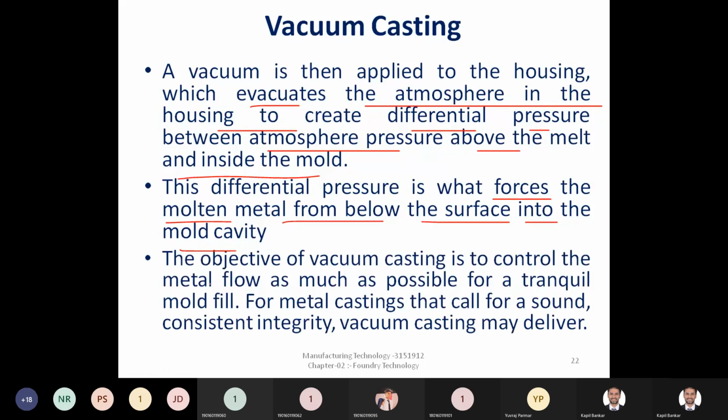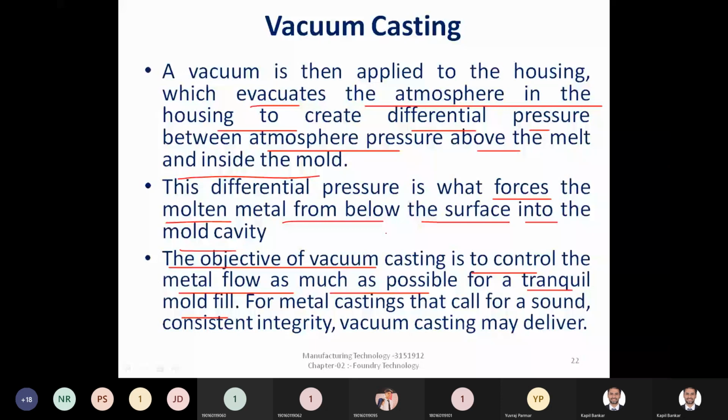And these are the objectives associated with vacuum casting. The objective of vacuum casting is to control the metal flow as much as possible for a tranquil mold fill. It means there is no violent effect of the molten metal, so very easily it can be filled in the mold.